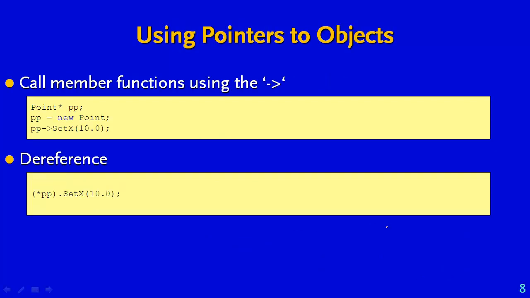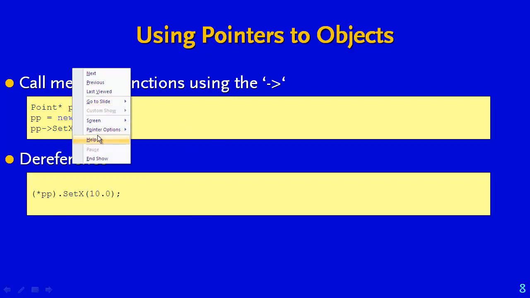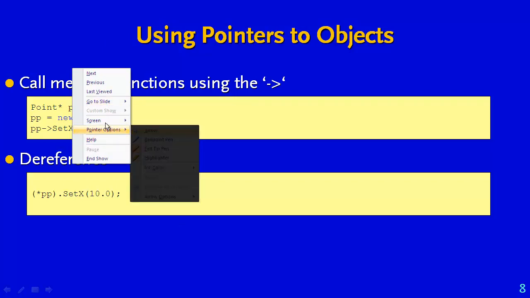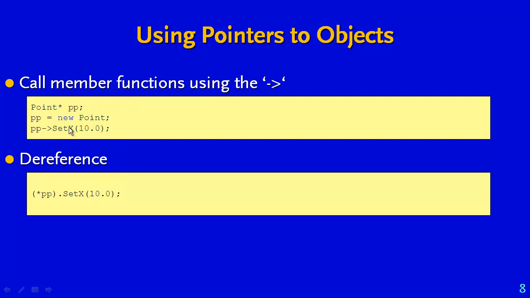Using pointers to objects. Once you get a pointer to an object, we use the pointer notation. You've seen it in the C part of the course already. So again, I've got my pointer to a point, a new point. I want to call a member function on my pp. I can do it with set x, in this particular case setting the x variable to 10.